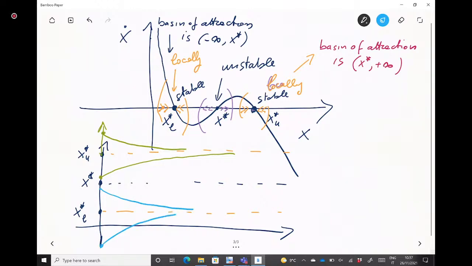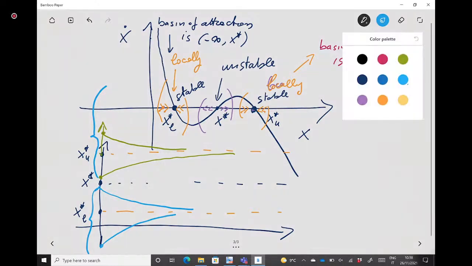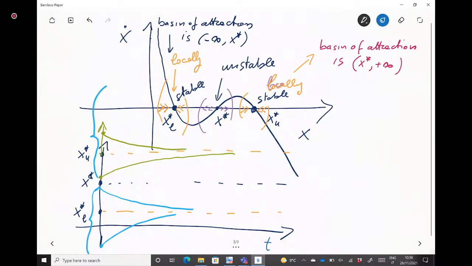Okay? And this is the basin of attraction of x lower. And this is up to x star. And this is the basin of attraction of x upper. I hope this is graphically clear enough. So here we have t and here we have x of t, okay? Qualitatively we can understand almost everything. Of course, these are only qualitative paths, okay?